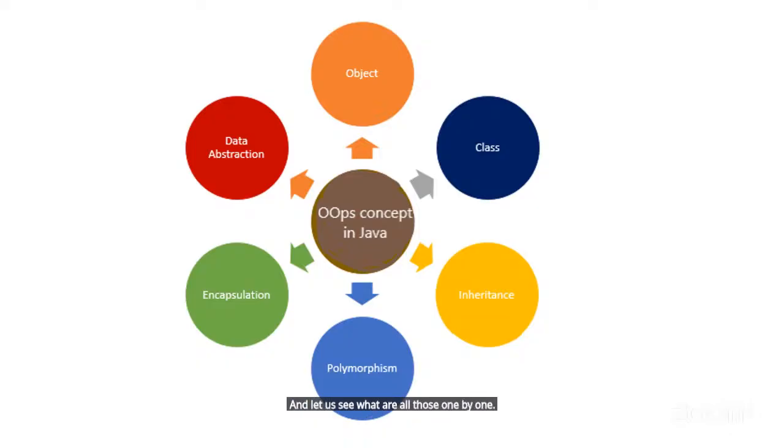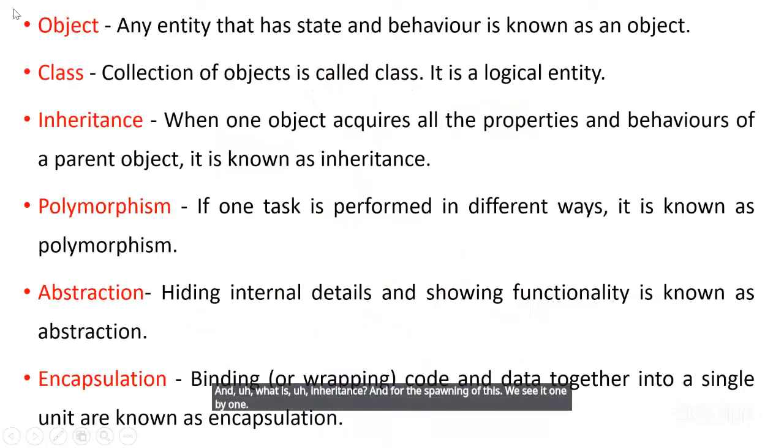Let us see what is class, what is object, what is data abstraction, what is encapsulation, what is inheritance, and what is polymorphism. We see it one by one, starting with class. We say a class is a collection of objects.